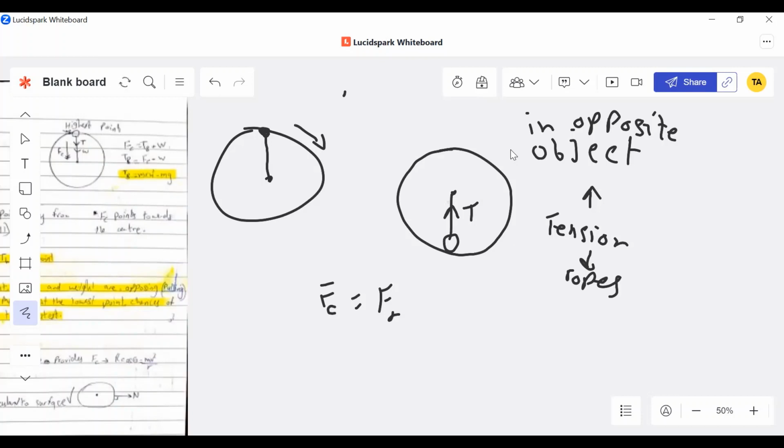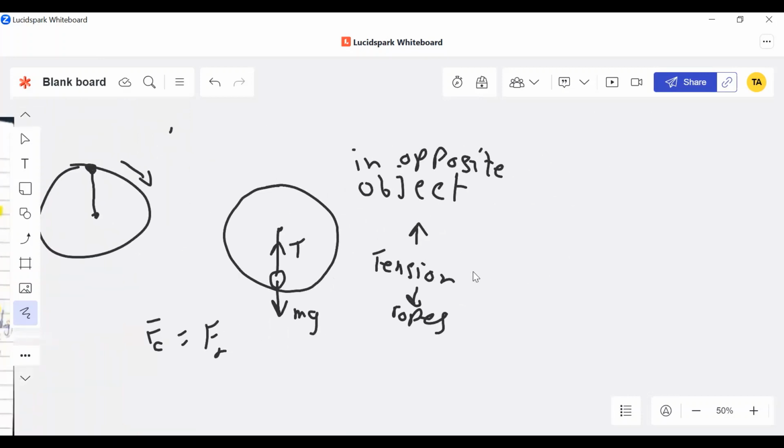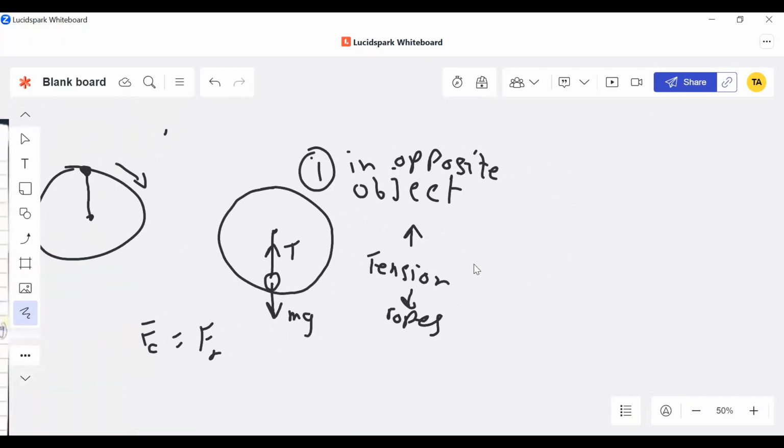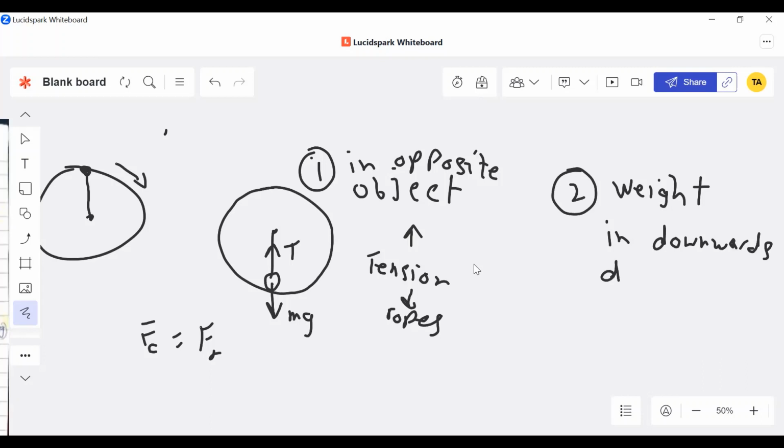And there is another force right here that is called the weight of the object. This ball will have weight, and I told you earlier that weight is equal to mg. So this was one thing: tension in the opposite direction. The second thing you need to know is that weight will always point in the downward direction, no matter where the object is.